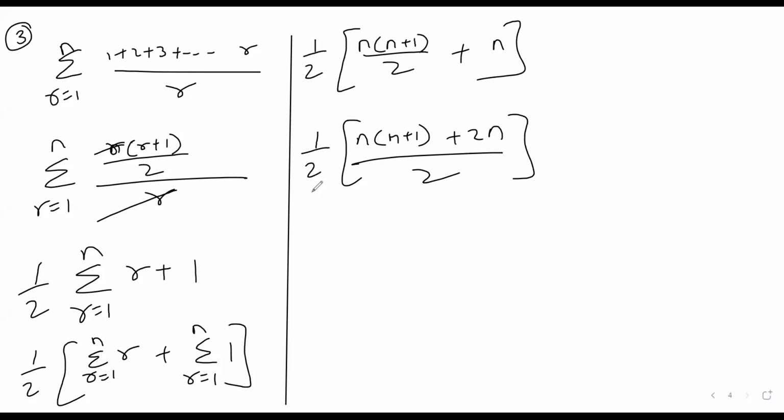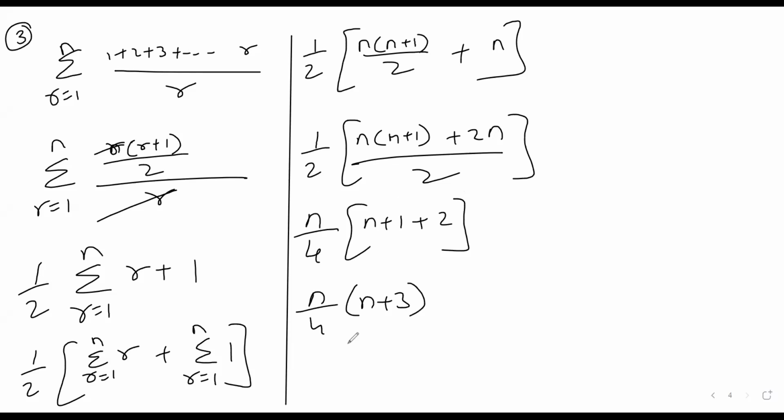Then we'll take n common. So we'll get n by this 2 and 2 will multiply, and this will become n plus 1 plus 2. That is n by 4, n plus 3. This is the answer for question number 3rd.